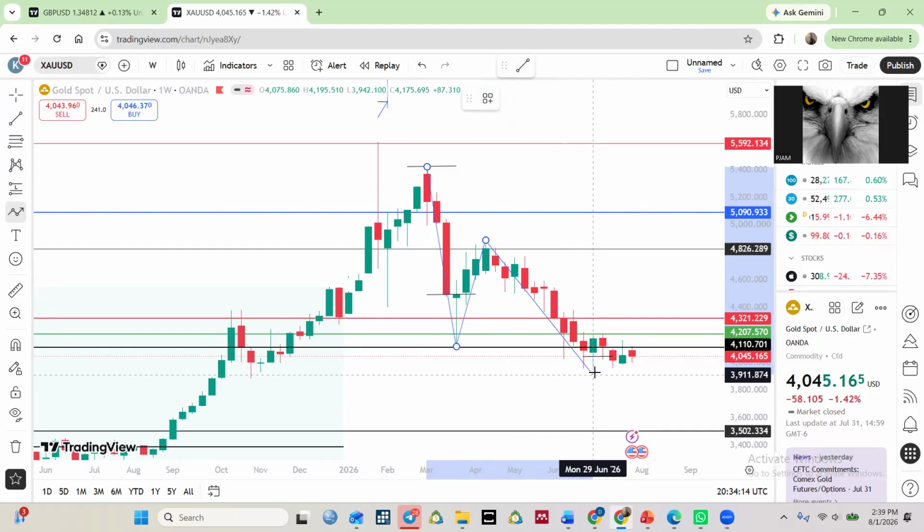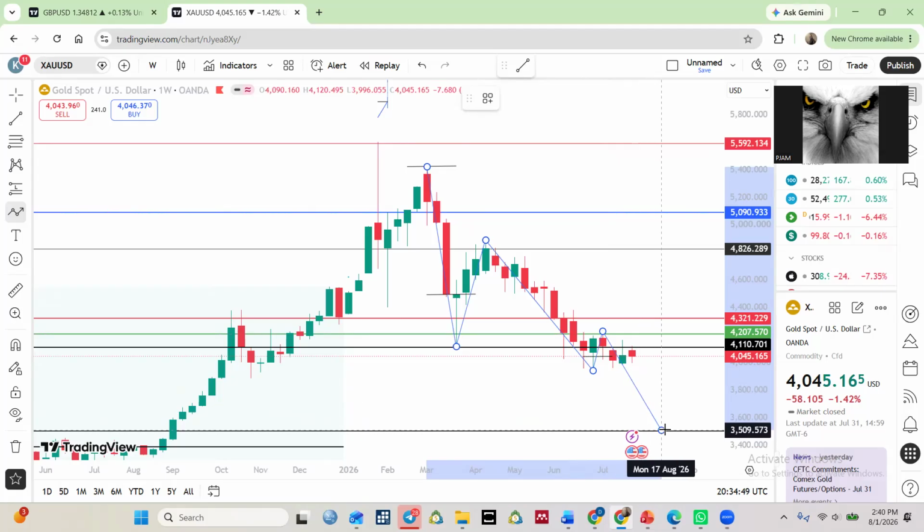This is the last point of, let's say, even here, the last point of the, and then it has come up to make something like this here. So the question now is, if we are still expecting the market to keep going down or making bearish structure, maybe it might want to give us something like this.